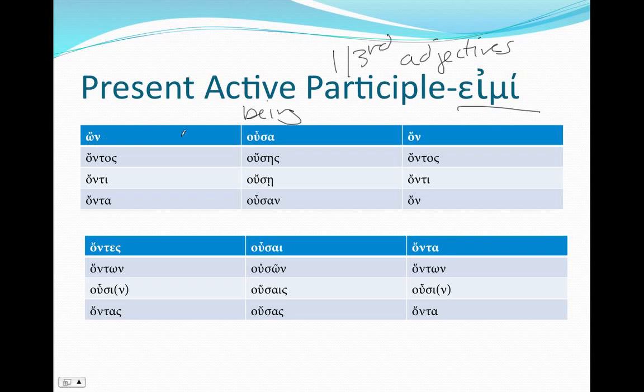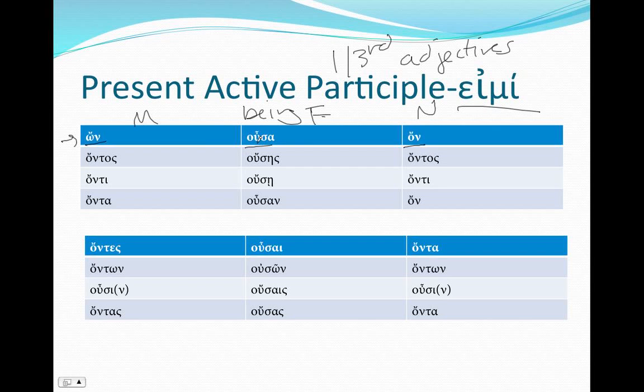As with the first, third declension adjectives, the first declension is going to be our feminine. Let me introduce you first to the nominative singular. The nominative singular of present active participles is ōn, masculine, ousa, feminine, and on, neuter. So ōn, ousa, on. Remember that.